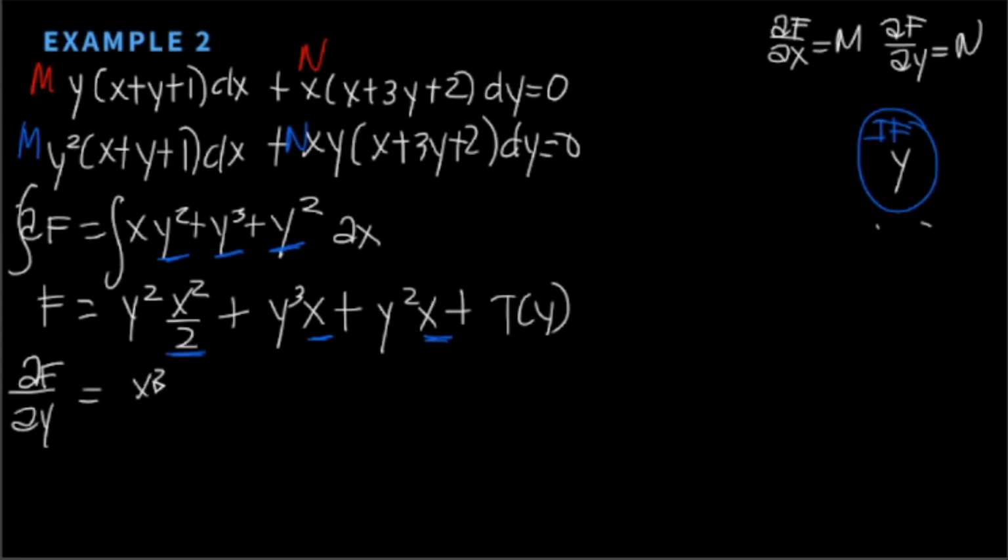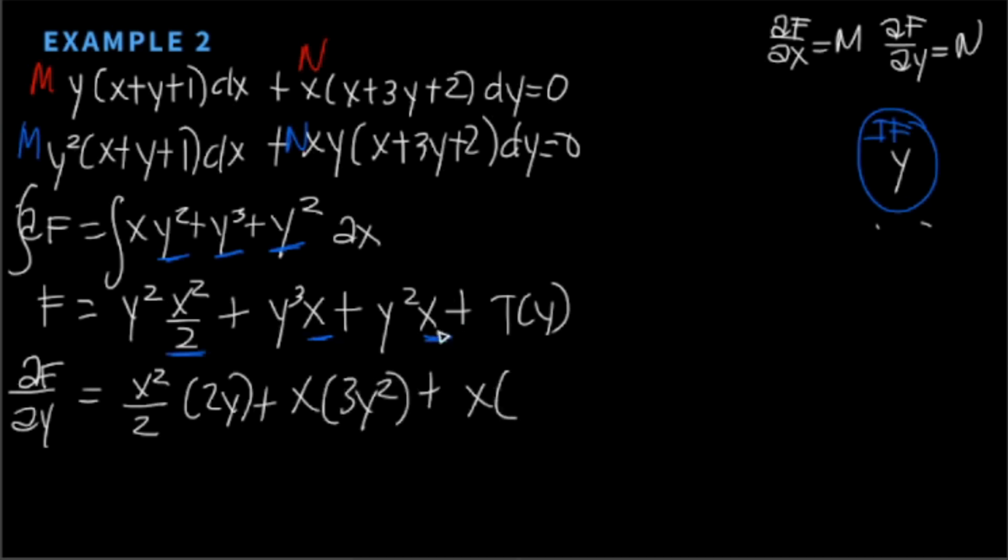So, copy natin yung constant x squared over 2. Differentiate natin yung y squared magiging 2y plus constant x times differentiate natin yung y cubed, that will be 3y squared plus constant x. Differentiate natin yung y squared, that will be 2y plus differentiate natin yung t of y magiging t prime of y. So, makakancel siya dito.